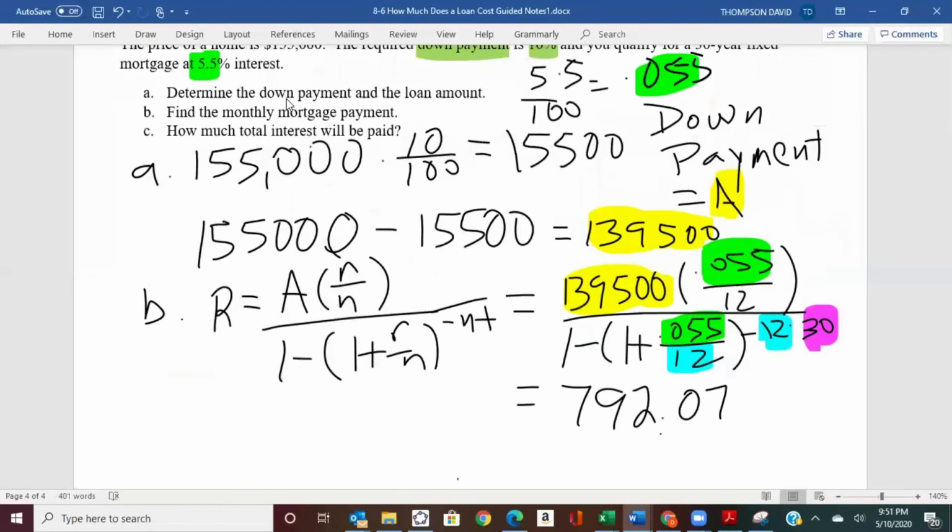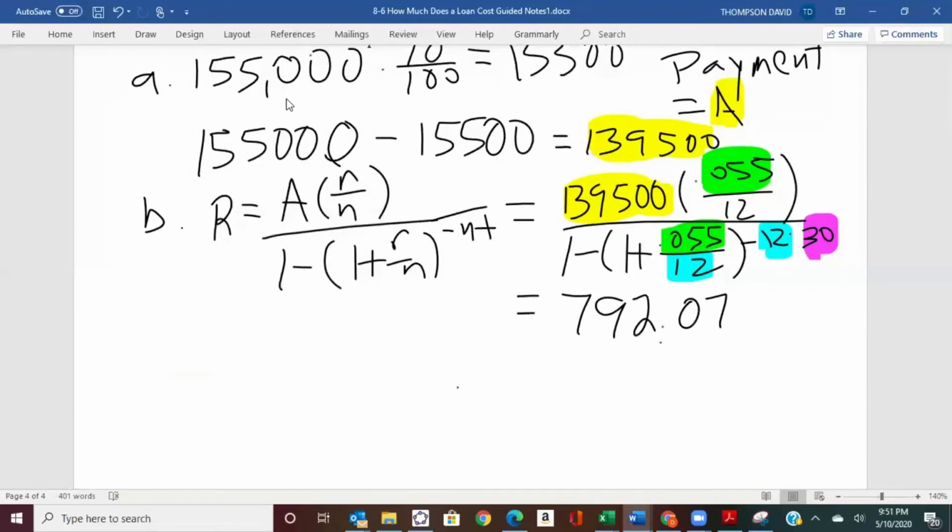Now, part C asked us how much total interest will be paid. So to figure that out, we know how much our monthly mortgage is, and we know that there's 30 years being paid, and we're paying this per month, not once a year. Times 12 times 30.